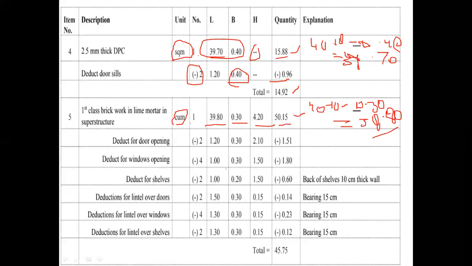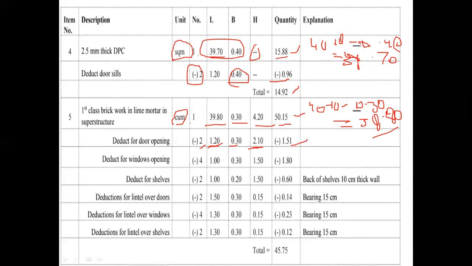Here, next, deduct the doors and windows, shelves and lintel levels also. First of all, doors, less 2 doors, length 1.20 meters, breadth 0.30 which is the wall thickness, and height 2.1. Minus 2 into 1.20 into 0.30 into 2.10, that equals 1.51.